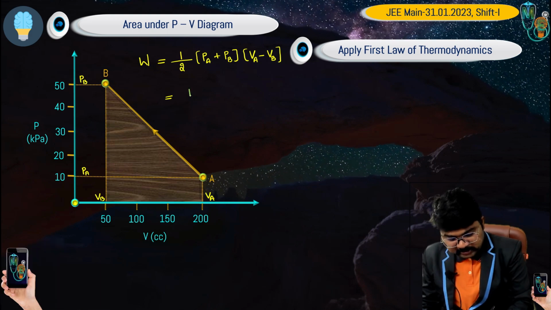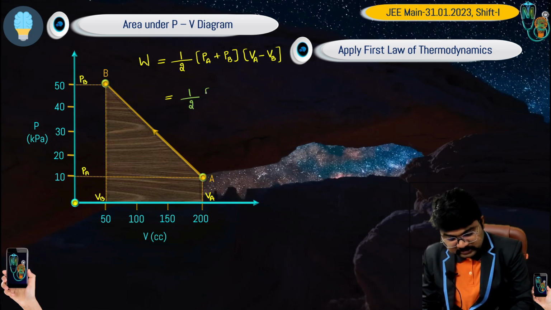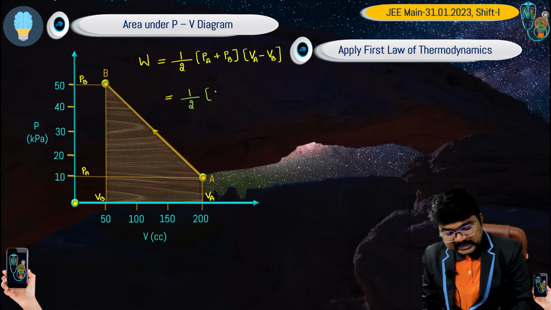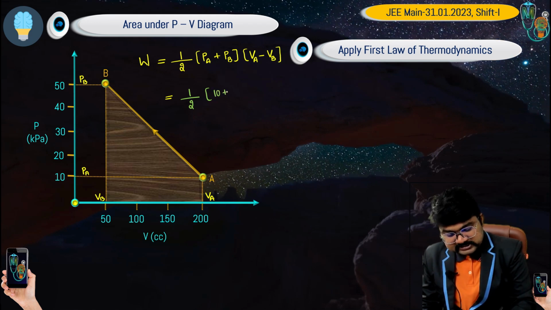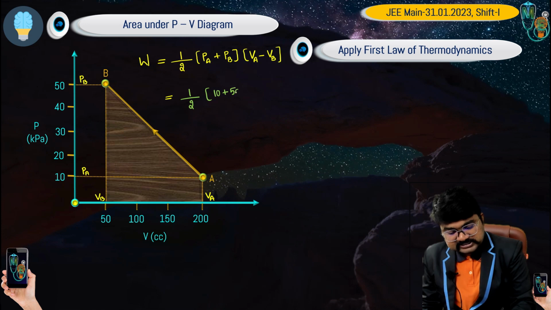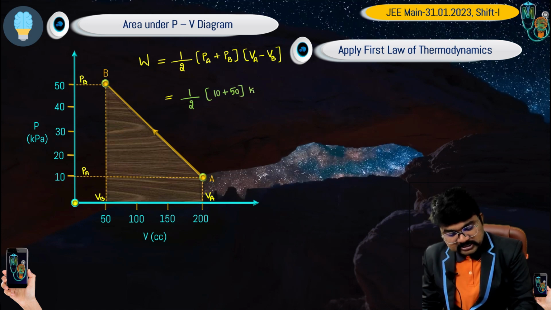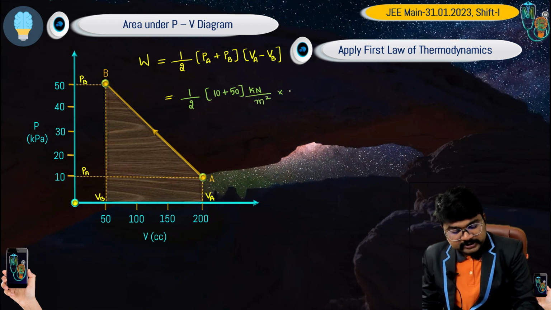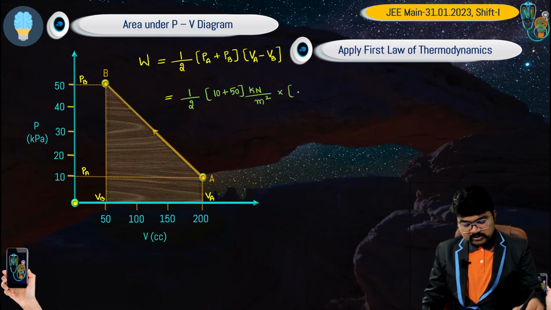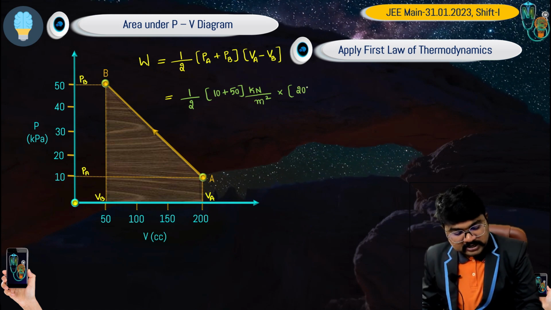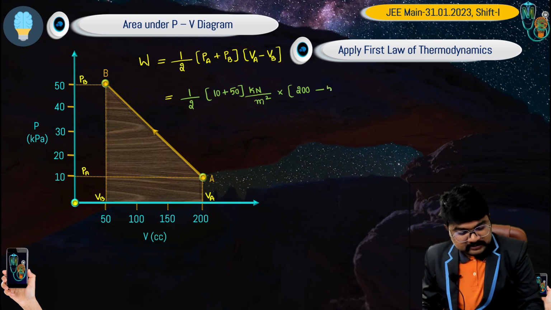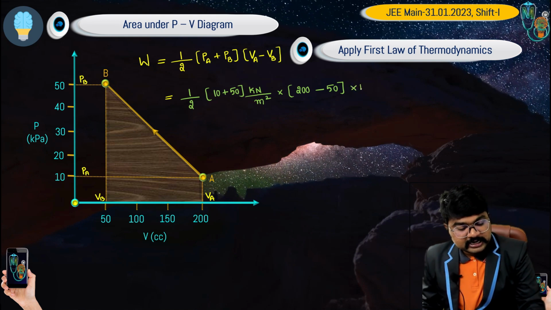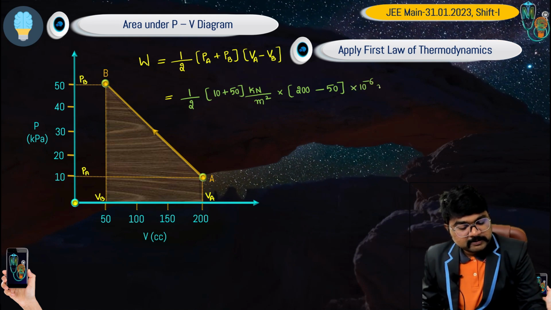Substitute all: 1 by 2 into PA, which is 10 kilopascal, plus 50 kilopascal, that is kilonewton per meter square, into VA minus VB, 200 minus 50 cubic centimeter, 10 power minus 6 meter cube.